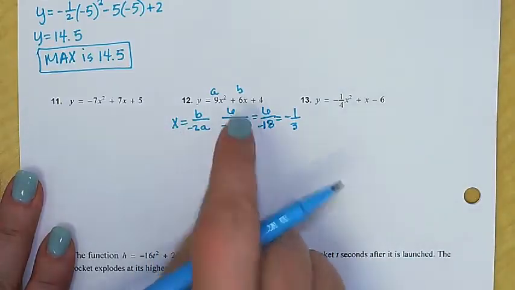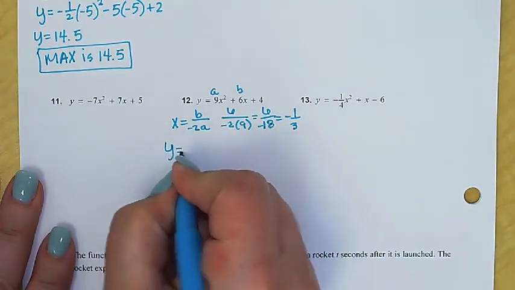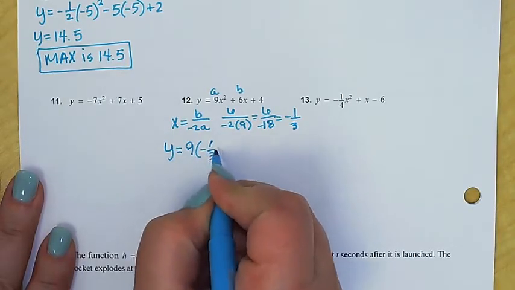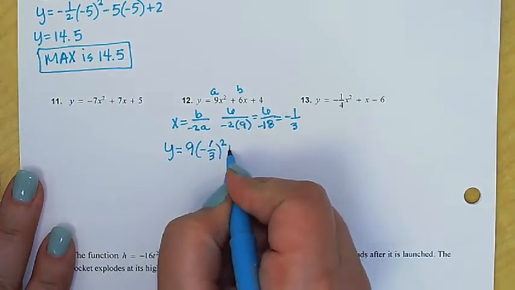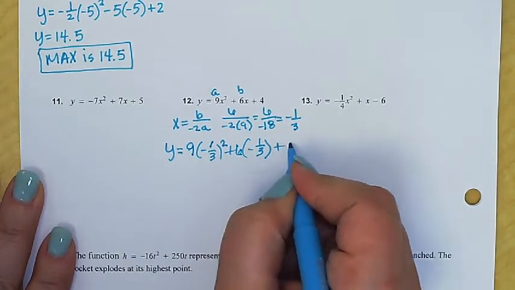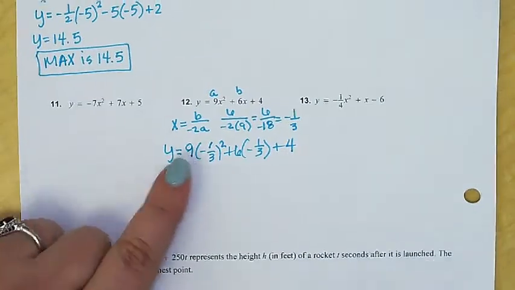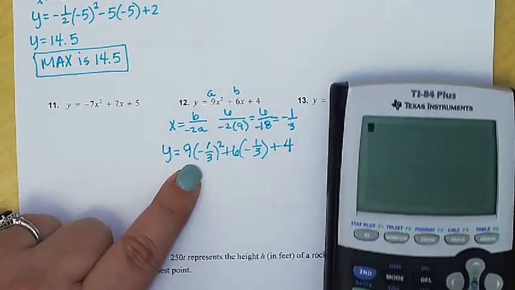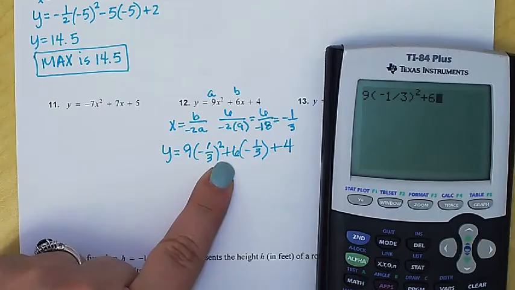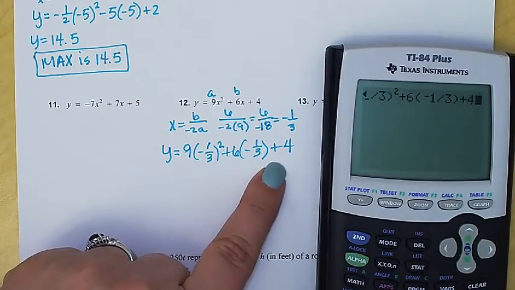And then we'll plug that back in to really find what we need, which is our y value. So 9, insert that -1/3 for x, plus 6, insert that -1/3 for x, and then plus 4. And we're definitely going to let the calculator do this lovely thing. We're going to do 9 times -1/3 squared, plus 6 times -1/3, and then plus the 4.